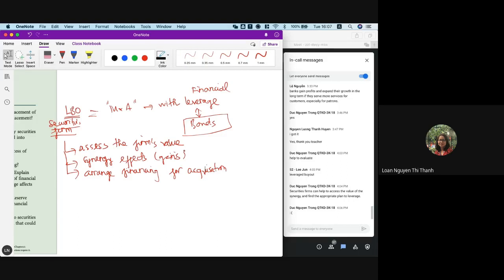They match the borrower with other creditors, or the security firm may provide the equity financing, their own capital. So bridge loans to other creditors, or equity financing by themselves. Okay, arrange the financing structure, right?